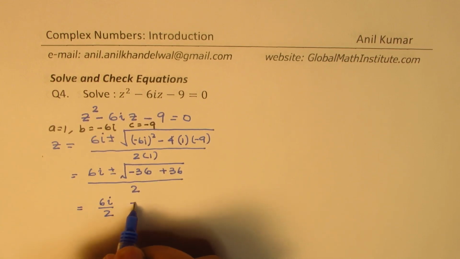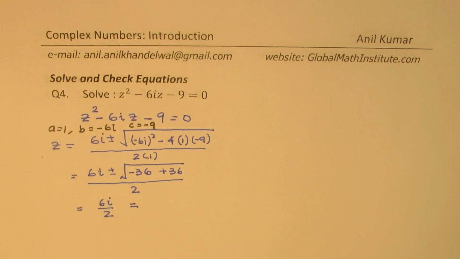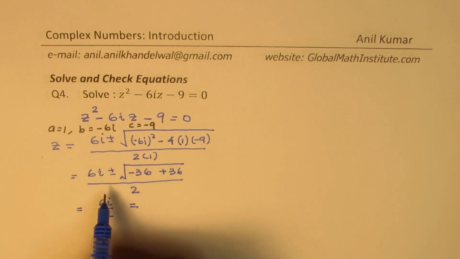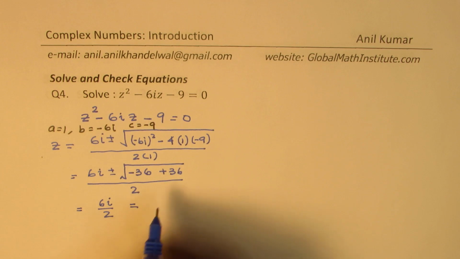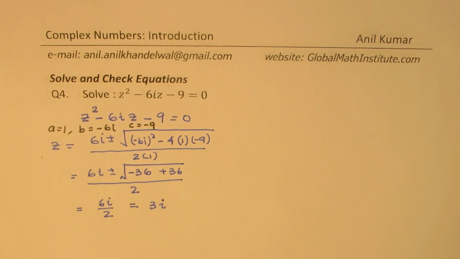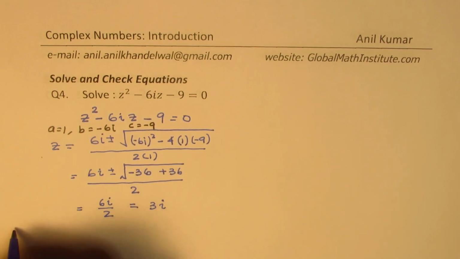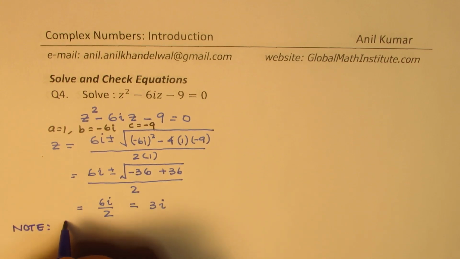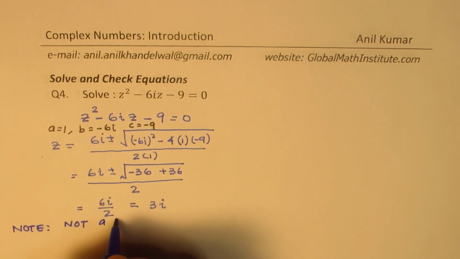And the answer for us now is 6i divided by 2, which is 3i. Do you see that? So at the moment we have got one single answer, which is just 3i, correct? So we did not get a conjugate pair. So note, not a conjugate pair.